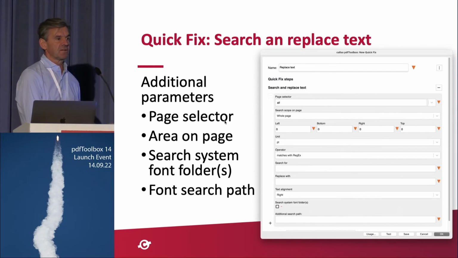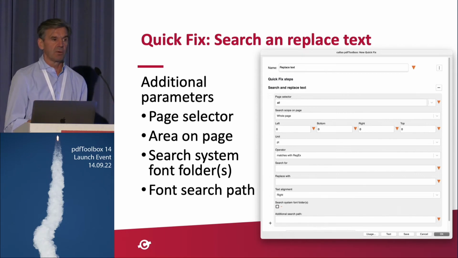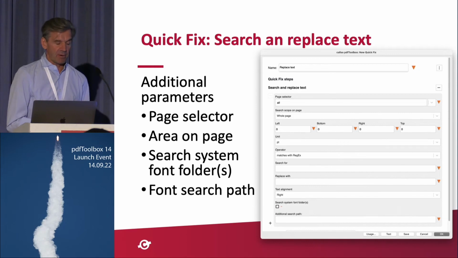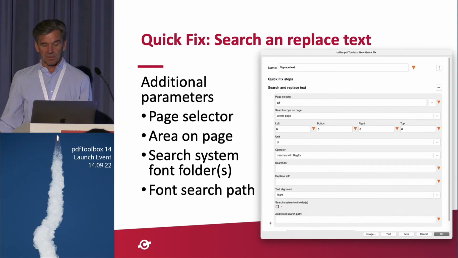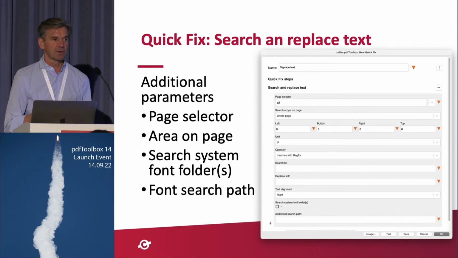So in the quick fix, you can say, okay, only take even pages into account, only take the first 2 pages into account, whatsoever. You can specify an area on the page. You can do so on the switchboard with a mouse selection, but in automation that would be rather difficult, so you can specify the area here.